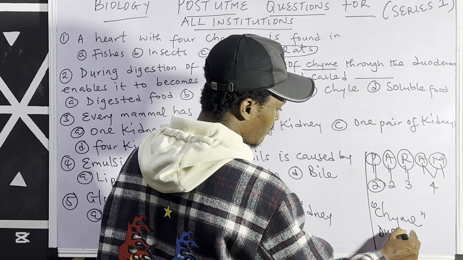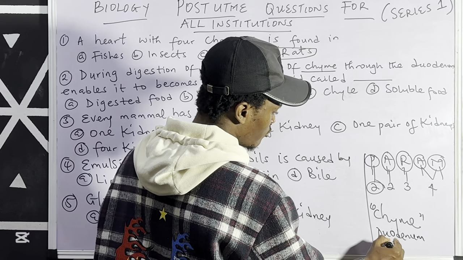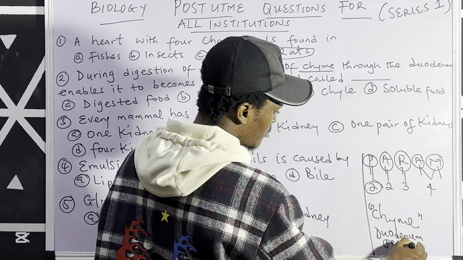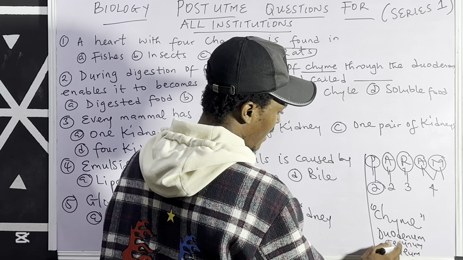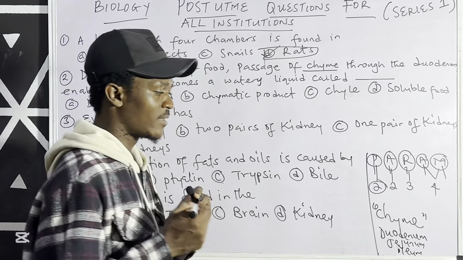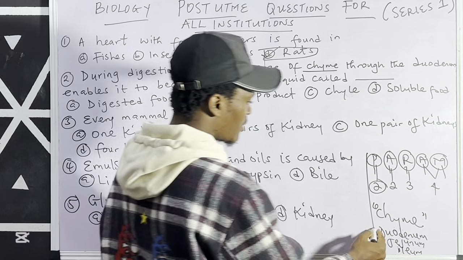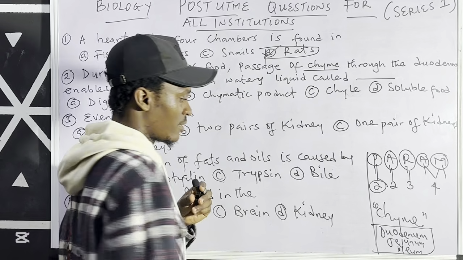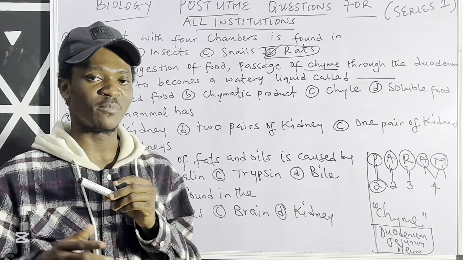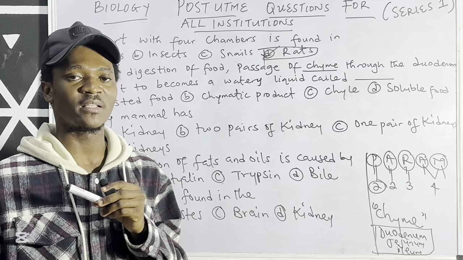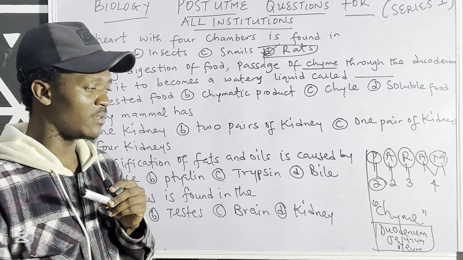We have the duodenum, we have the jejunum, and we have the ileum. The ileum with the E, not the one with the I. Alright, so these are the three divisions of the small intestine. So the first entrance of the small intestine is the duodenum, then the middle portion is the jejunum, while the last portion is the ileum.